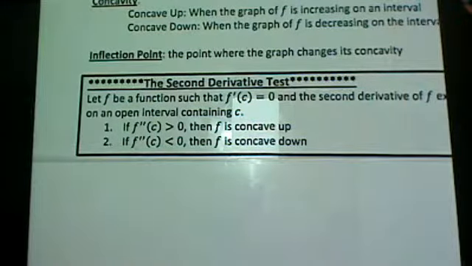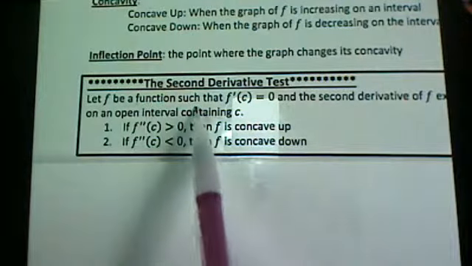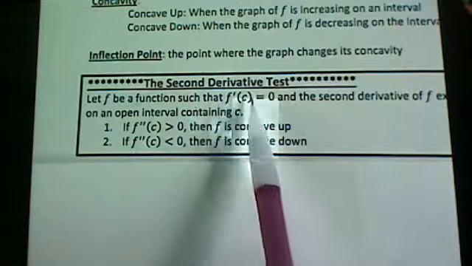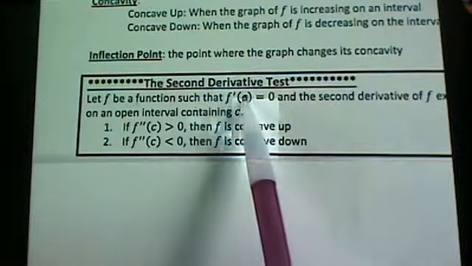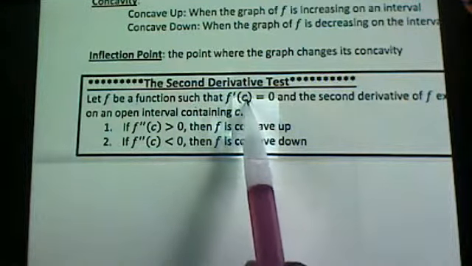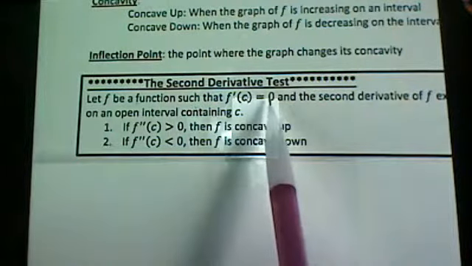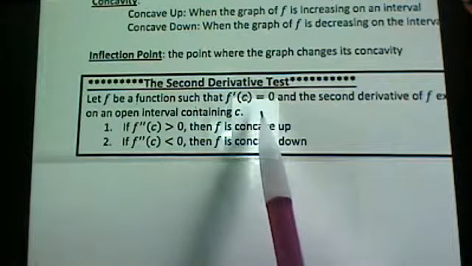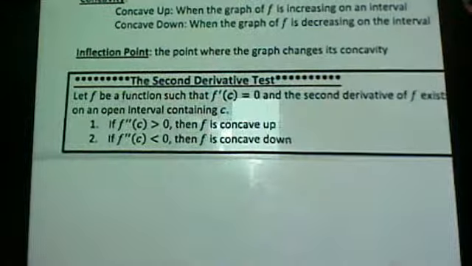So the second derivative test, this is very important, as you can tell, because I put a million stars next to it. If f is a function, so that the first derivative equals 0 at some x value c. So at this x value, whatever it is, the derivative equals 0, which means we have a maximum or a minimum.